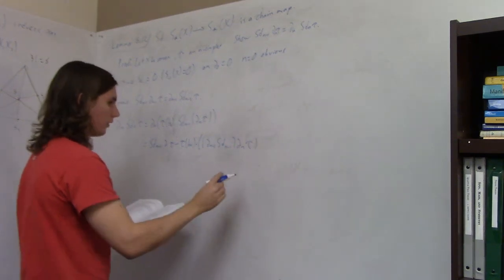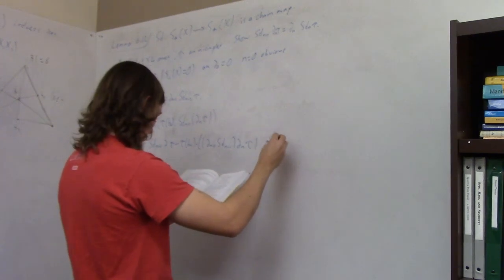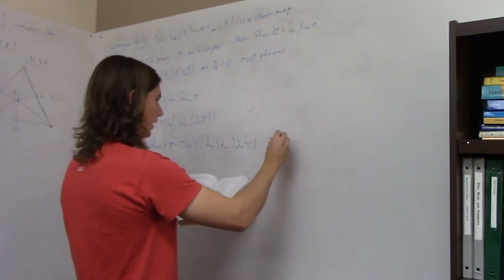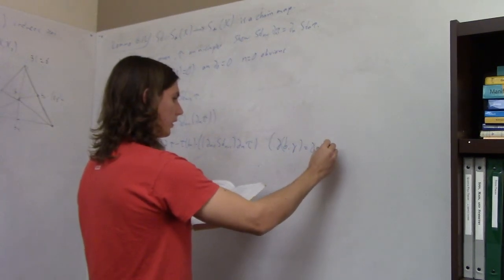Okay. And this is using what we found in chapter 4. It said the boundary of b dot gamma is going to be equal to gamma minus b dot boundary of gamma.